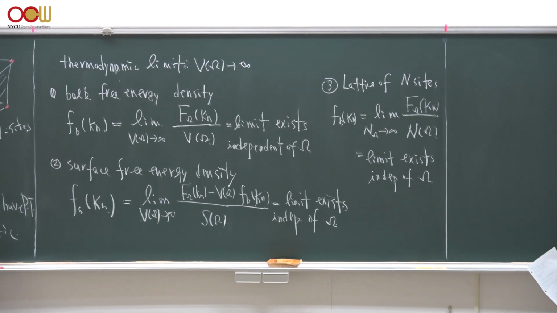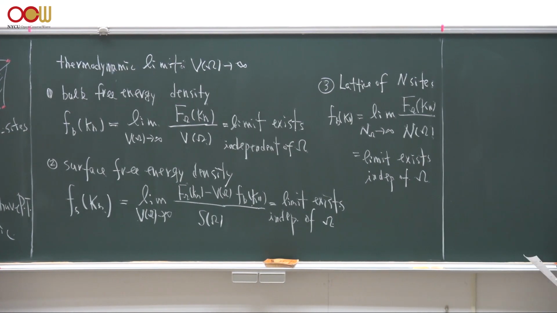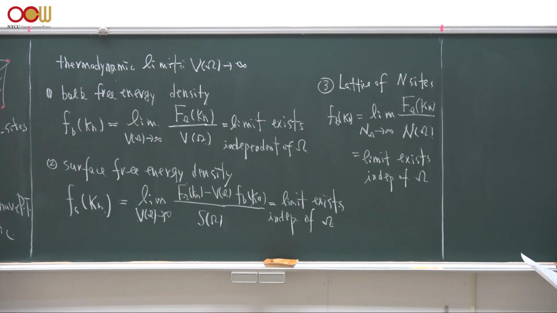So we should satisfy these three conditions that allow us to define the bulk, surface and also the lattice free energy density. When we take this volume to infinity, and this limit exists and is independent of your system size, then we are reaching the thermodynamic limit.